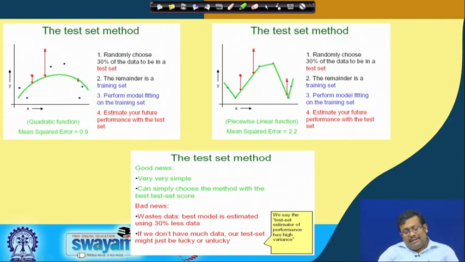If we do not have much data, our test set might be just lucky or unlucky, because it may be possible that the test set samples are completely different from our calibration set, and as a result there will be a complete mismatch, and the model validation will produce very poor results.